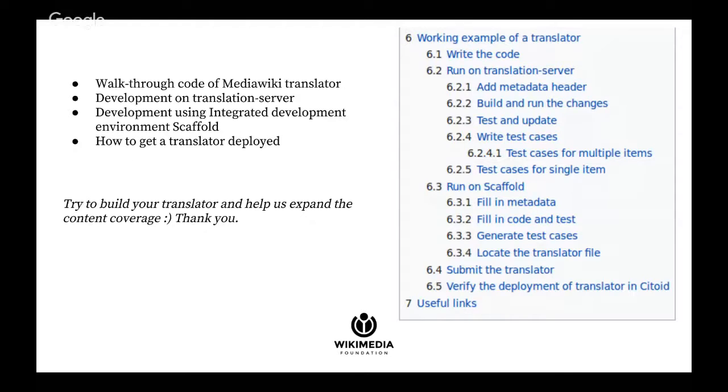Most of the translators that we have as of now cover the English language, and not much coverage is available for other languages. So it will be great if people make use of this documentation, develop translators, and expand the coverage of the content that we have. Thank you.